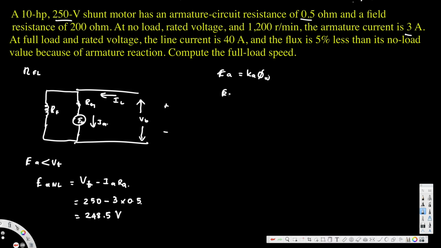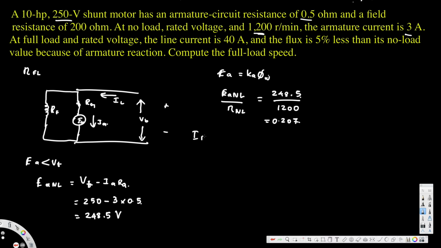Now EA no load divided by the speed no load: EA no load we found to be 248.5, and speed no load is given right here, 1200 revolutions per minute. That gives us 0.207.